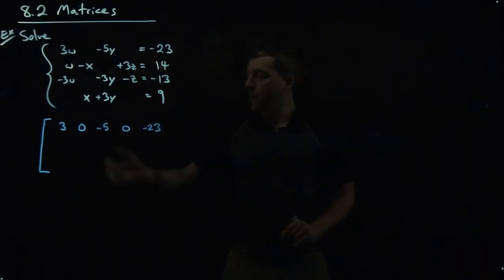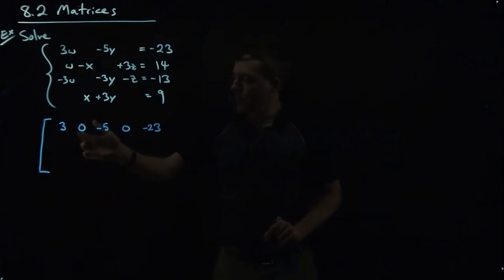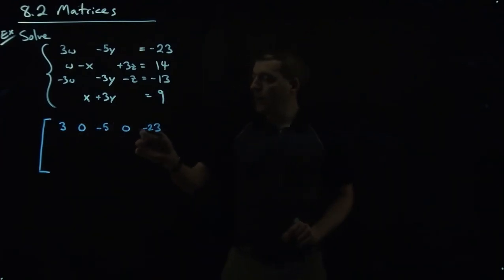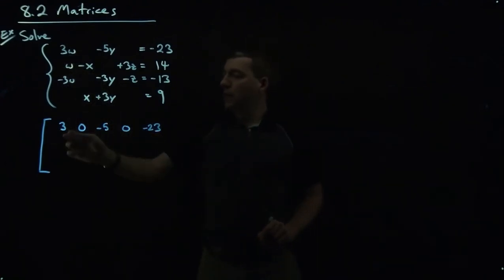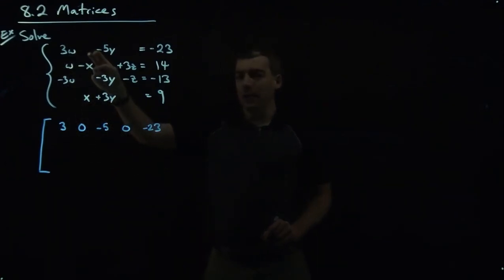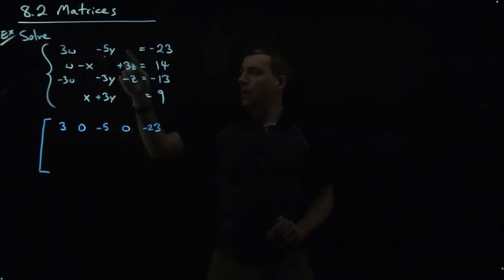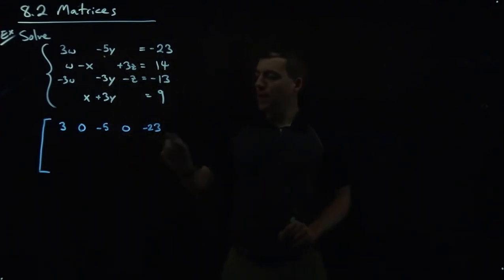I've written the coefficients in alphabetical order of the variables. So 3, 0, because there's no x in the first equation. Negative 5, 0, because there's no z, and then negative 23.